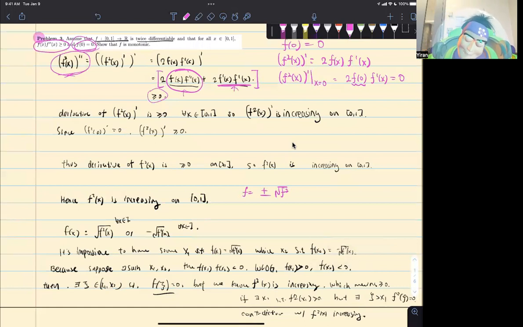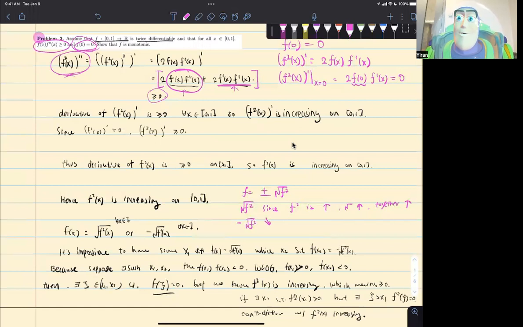So if you look at the function positive square root of f squared, since f squared is a monotonic function and square root is a monotonic function, this whole thing together is a monotonic function. And because this is a monotonic function, the negative version of this function is also monotonic, but decreasing.